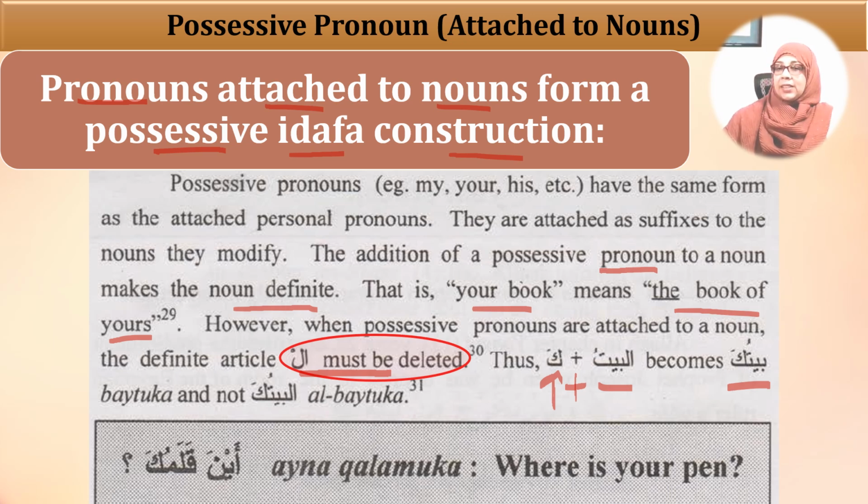It is a possessive construction. Okay? Let's look at another sentence here. If you say, Aina kalamuka, you're saying, where is your pen? So, kalamuka means your pen. It is definite, and this is also an idafa construction because it is a possessive construction.